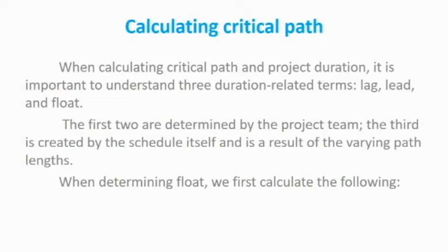The terms are not strange to us, they are familiar because we have seen them in project management. We have the lag, the lead, and the float. The first two are determined by the project team. The third, which is the float, is created by the schedule itself and is a result of the varying path length.